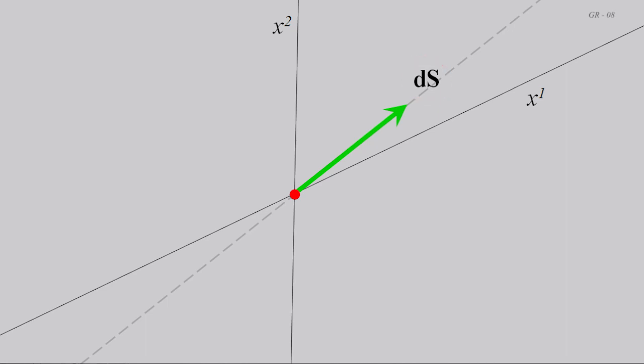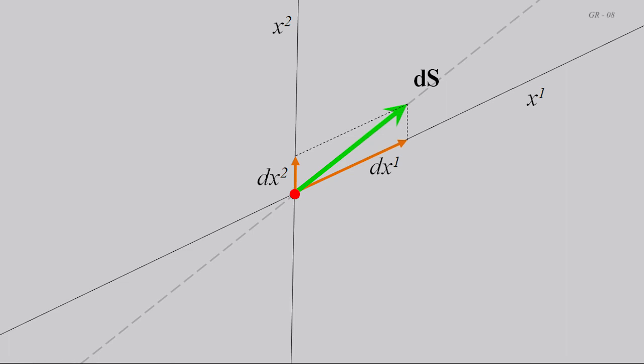In terms of components, we can say that this vector ds could be made up of two vectors along the x1 and x2 axes, and we could draw their contravariant component values dx1 and dx2. Also, given that the tangent space is flat over this infinitesimally small region, this can be illustrated using a parallelogram.